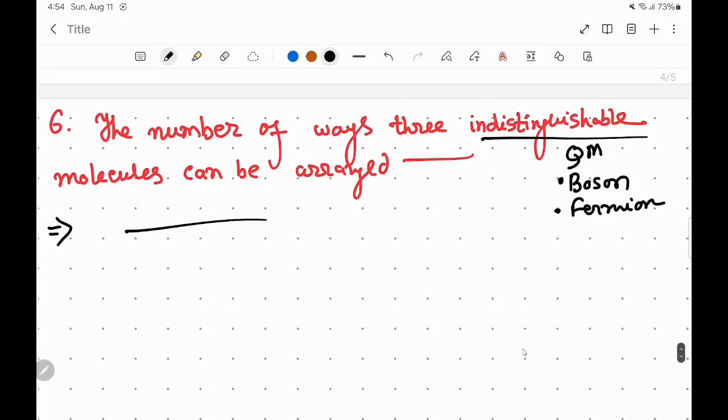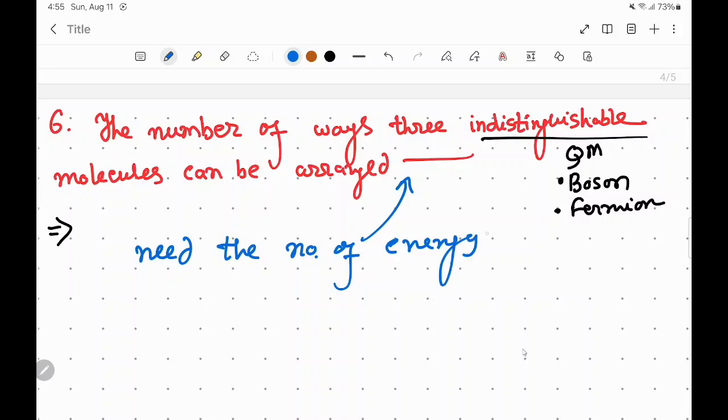Let's say there are three particles. For fermions, it should be one. But that depends on the energy levels. I think this question is incomplete. For this, we need the number of energy levels.